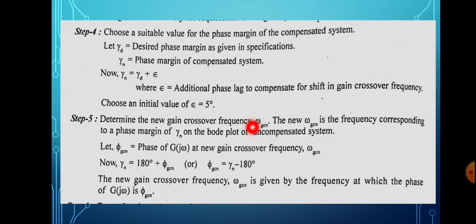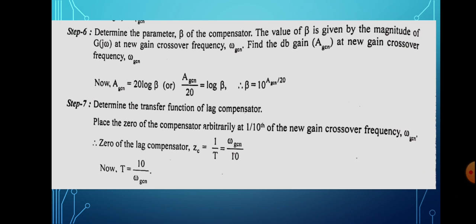You can find phi GCN, the phase of G(j omega) at the new gain crossover frequency omega GCN, and gamma n equals 180 plus phi GCN. So phi GCN is obtained as gamma n minus 180 degrees, which gives the new phase. The new gain crossover frequency omega GCN is the frequency at which the phase of G(j omega) is phi GCN. That is its meaning.